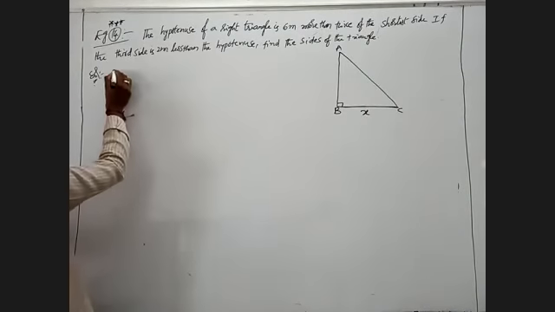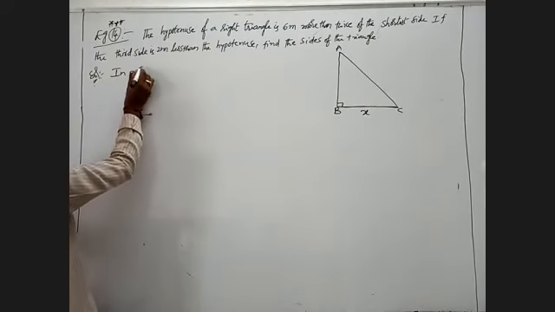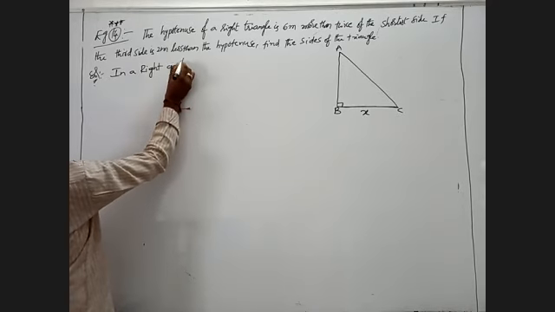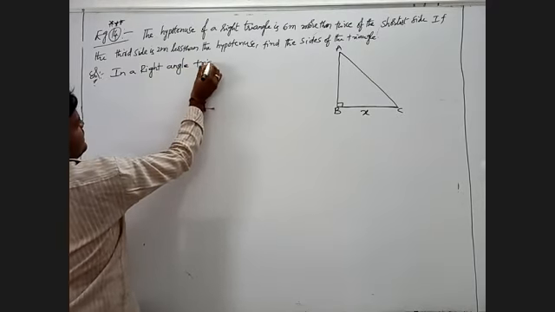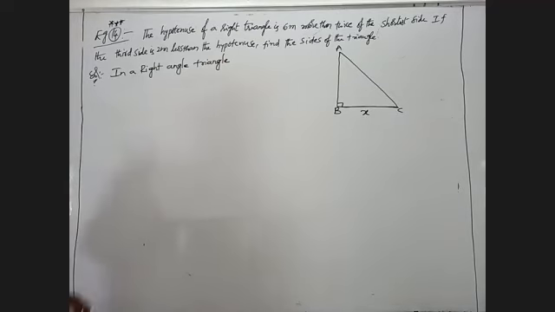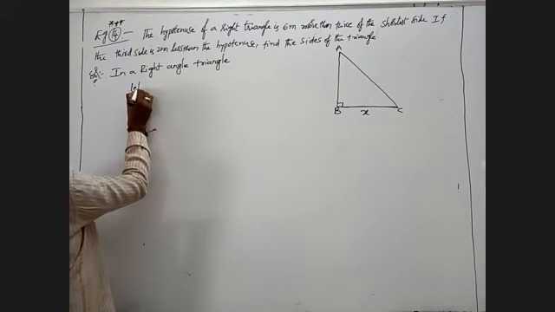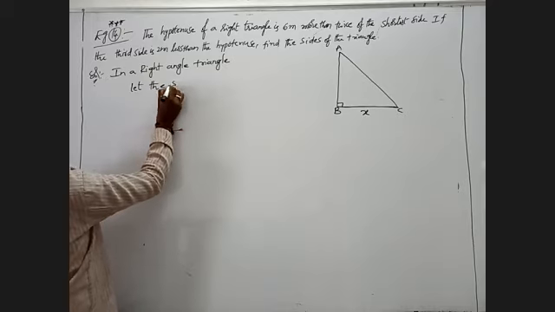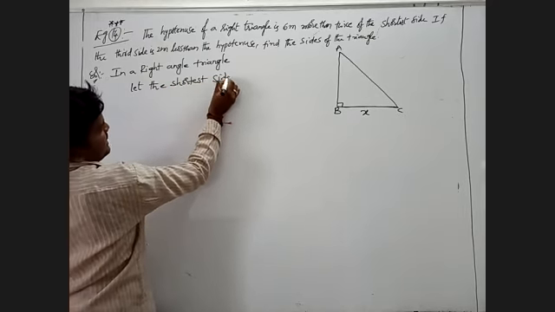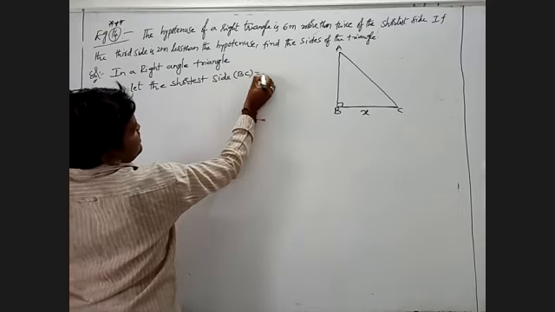In a right angle triangle, let the shortest side BC be x meters.